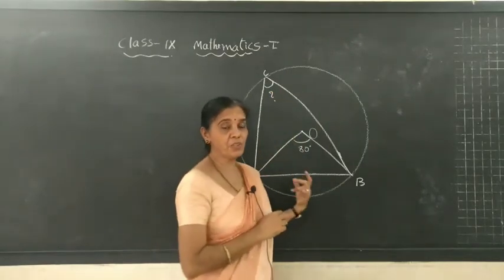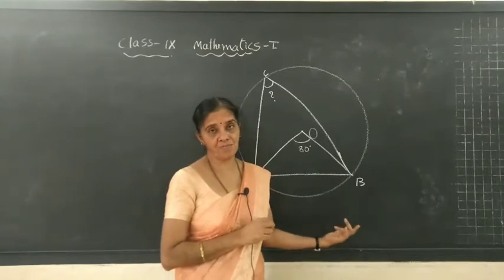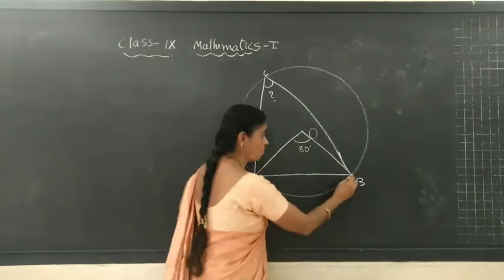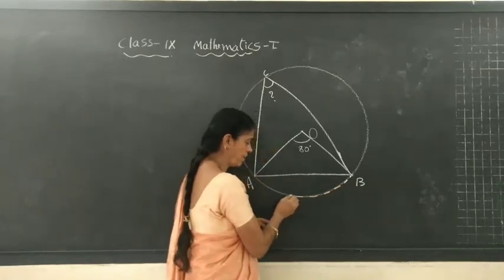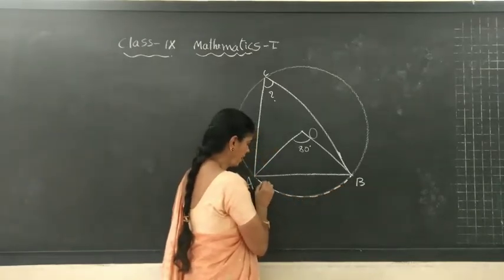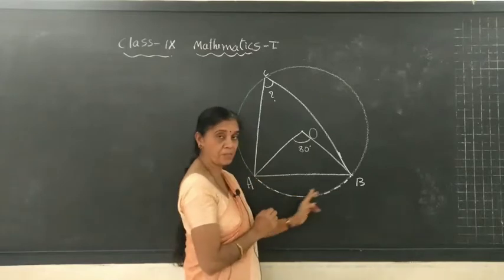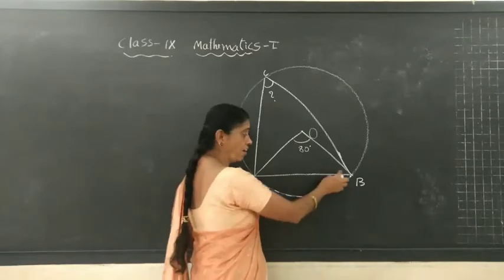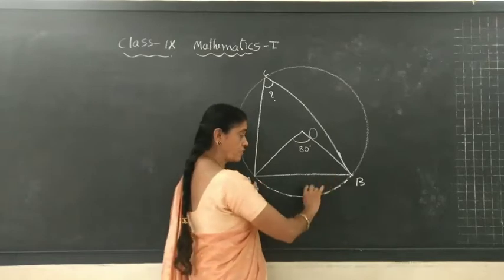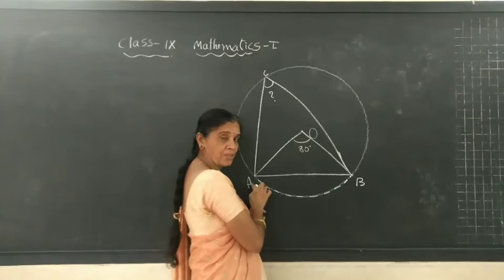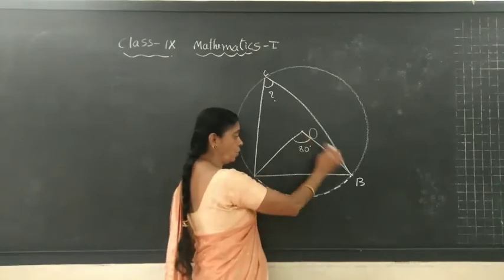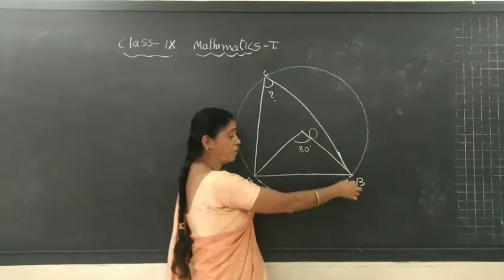Now we can use yesterday's theorem, that is, the angle subtended by the arc. So AB, if you take this part, it is nothing but the arc AB. Even though I have drawn the chord AB now, if you consider this as the arc AB, angle AOB is the angle subtended by the arc.